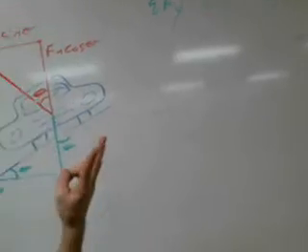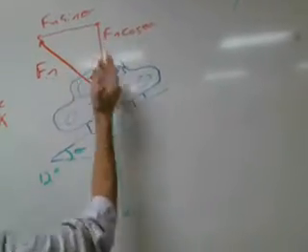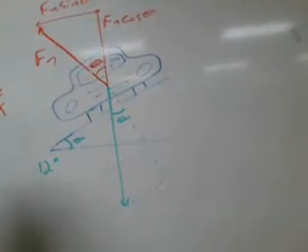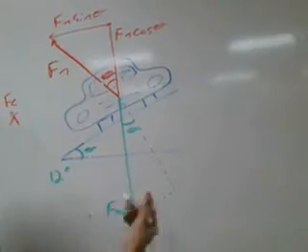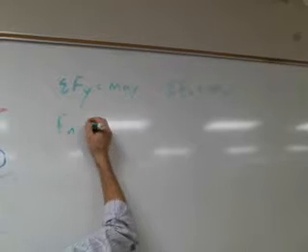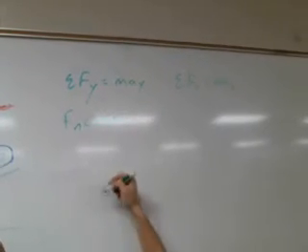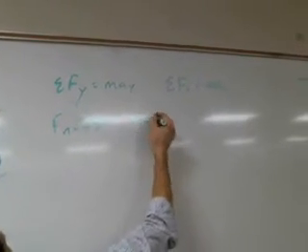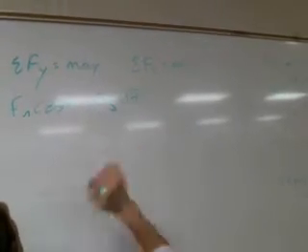So if we sum the forces in the y, there are only two. There's the Fn cos theta and the Fg, which I didn't label, sorry, but that's pretty much gravity. So upwards is positive. I have an Fn cos theta. From that I will subtract Fg, and that will equal zero.